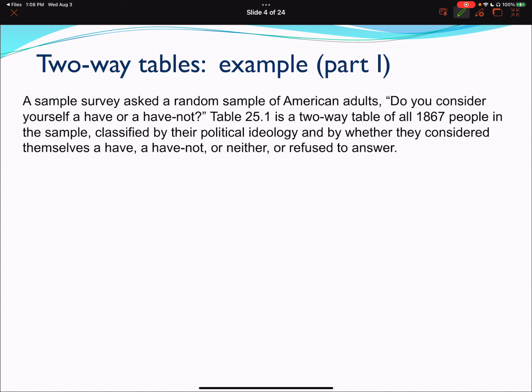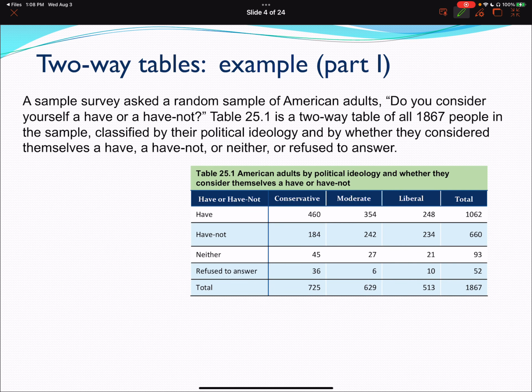For example, a sample survey asks a random sample of American adults, do you consider yourselves a have or have not? Table 25.1 is a two-way table of all 1,867 people in the sample, classified by their political ideology, of which there's definitely more than two options, right?